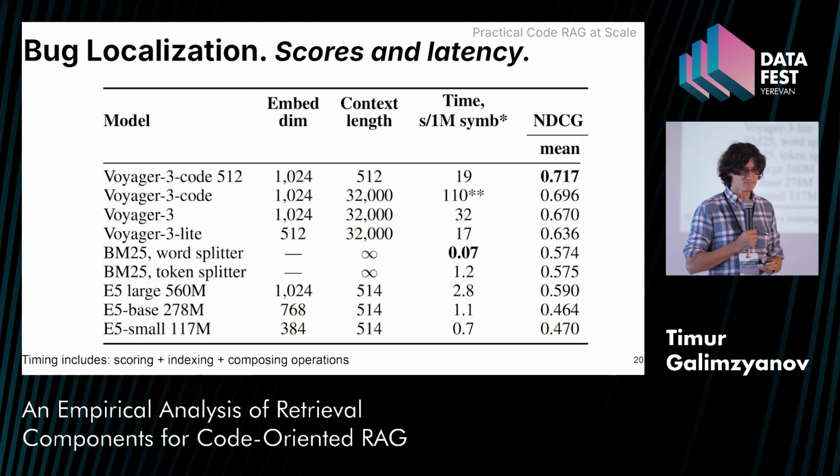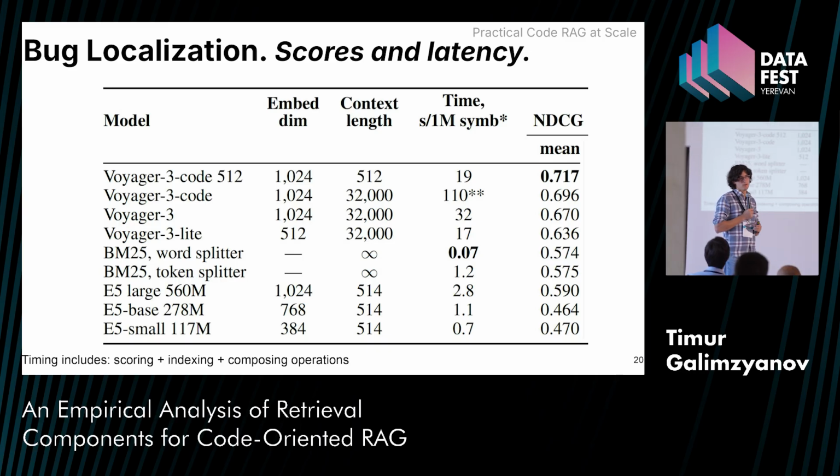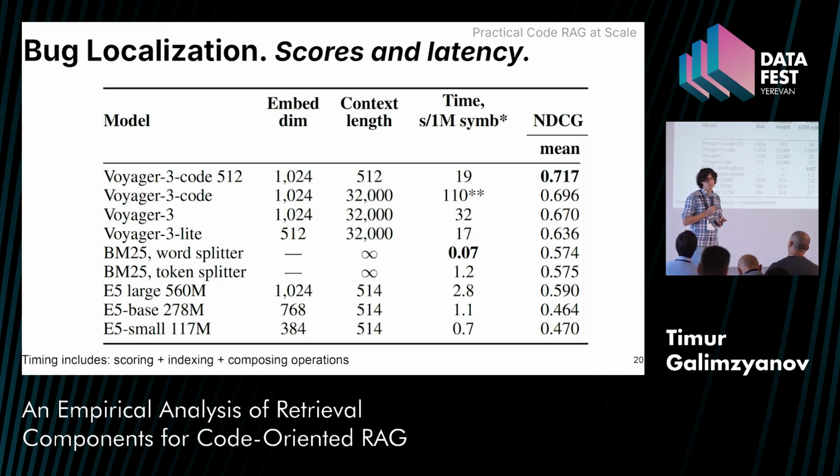Another question: are you indexing the project or the module, like indexing dependencies, for a faster or more accurate answer in the bug localization task? For a fairer comparison, we haven't pre-indexed the repository.